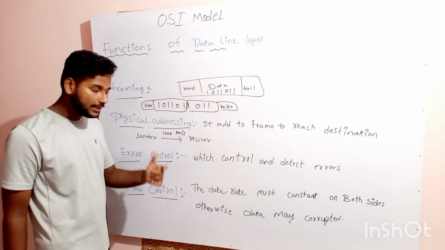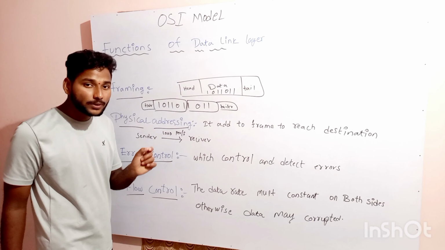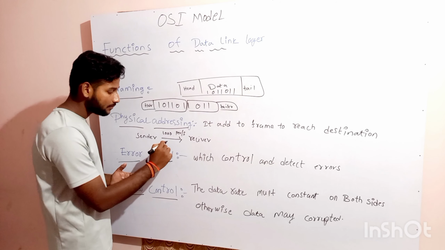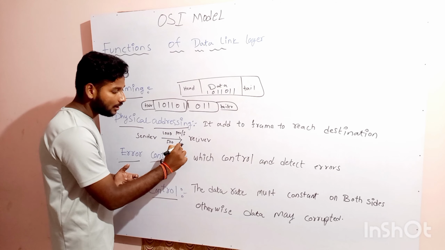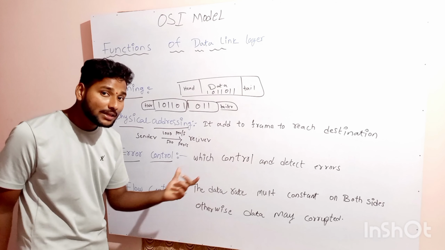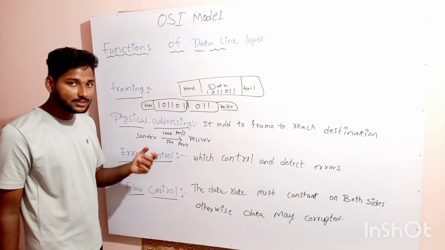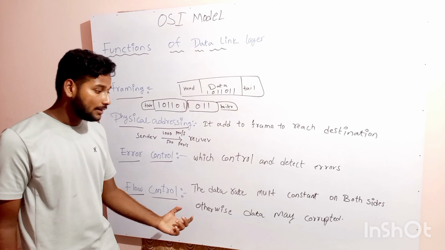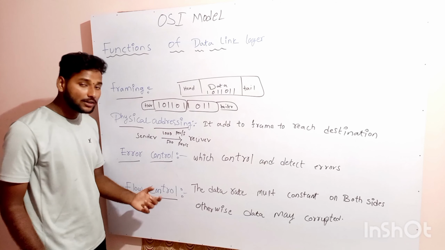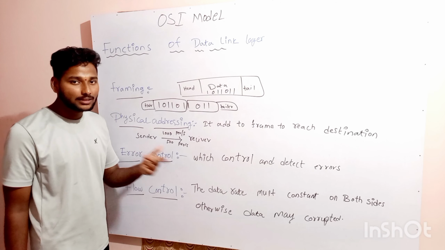If you check at any time, this 1000 frames per second is to be constant. If the speed is 1000 per second at one time and 500 per second after some time, the data may be corrupted. So flow control means the same constant speed of data is maintained in data transmission.